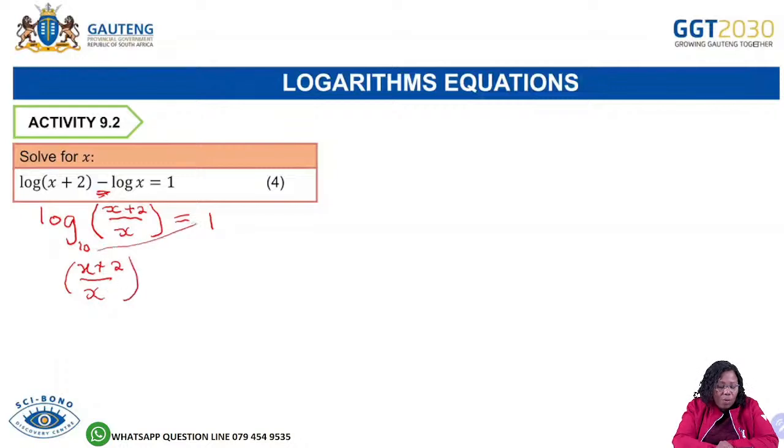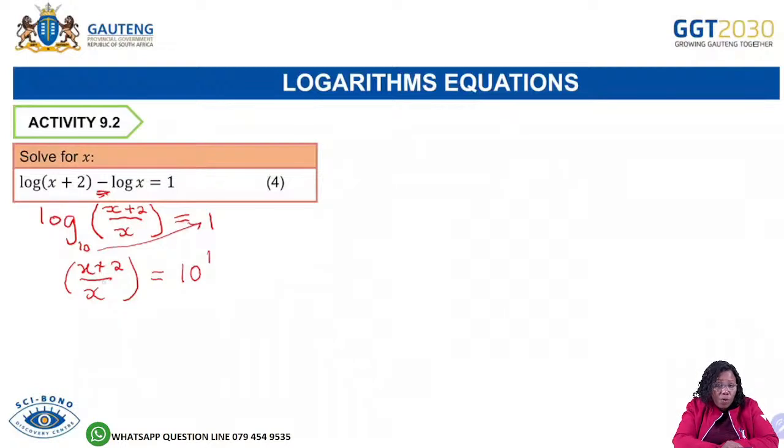Then this 10 will go back to this side. And as it joins that side, this will kick up the exponent 1. It will be 10 to the power 1 on the right hand side. So now we have x plus 2 over x equals 10 to the power 1. 10 to the power 1 is the same as 10.